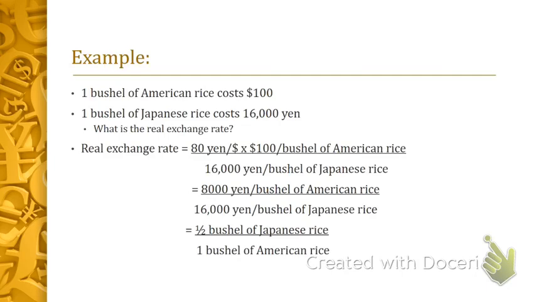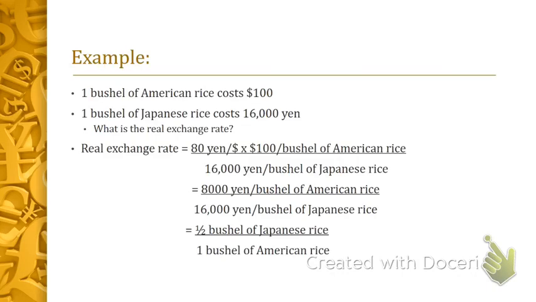Why does it now say Japanese rice on top? It's just like with math. You've got the labels: yen per bushel of American rice, and yen per bushel of Japanese rice. Because this is divided by, it flips up to the top, and this flips down to the bottom, with the unit analysis you used to do in algebra. That's why the labels switch.